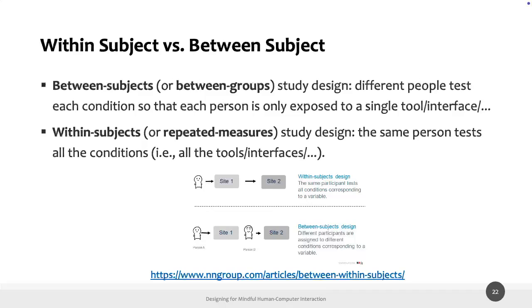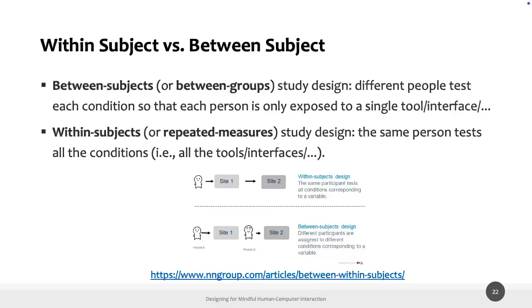We have 20 people that try number 1 and 20 people that try number 2. That's it. And then we compare the results. This is between subject. Within subject is also called instead repeated measures. So the same person tests all the conditions. So we have these 2 intervention strategies, and each person first tests number 1, then number 2, and then we see if there are differences.